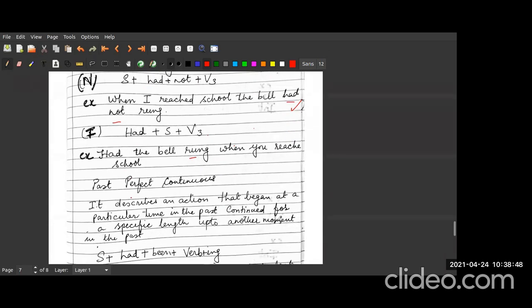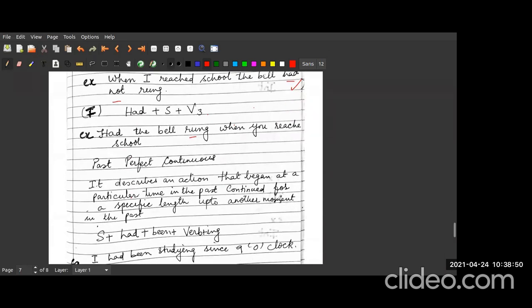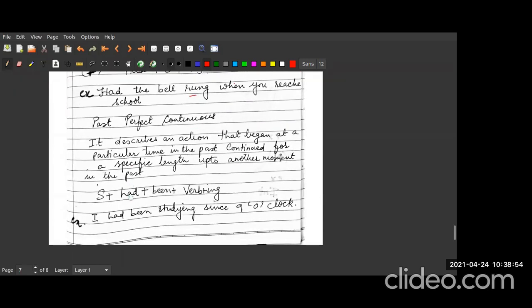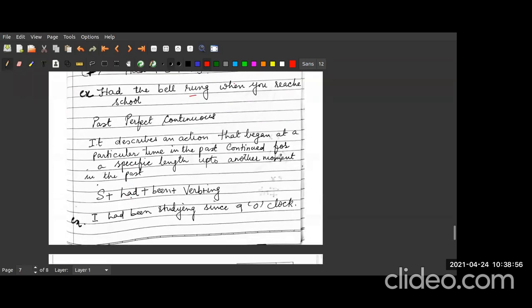So, okay, past perfect continuous. So it is subject plus had been plus verb plus ing plus since, for plus time. ये जोड़ देना structure. Since, for plus time.